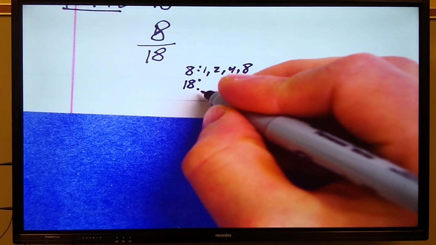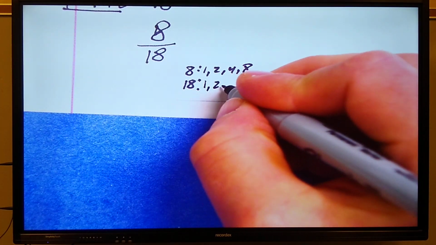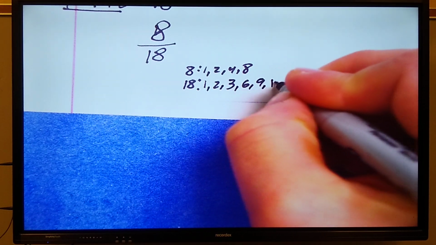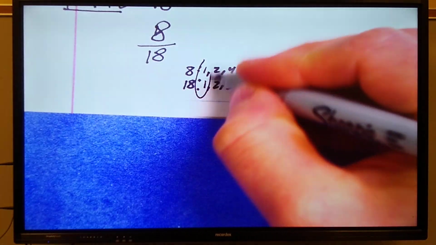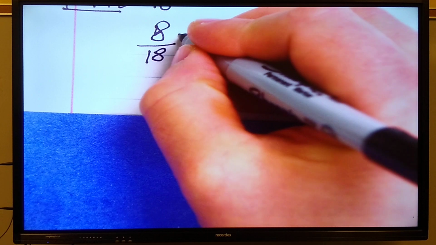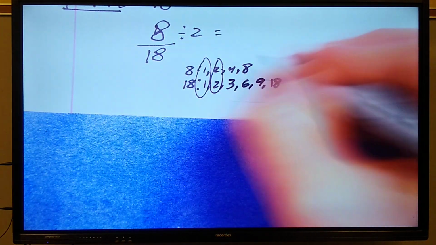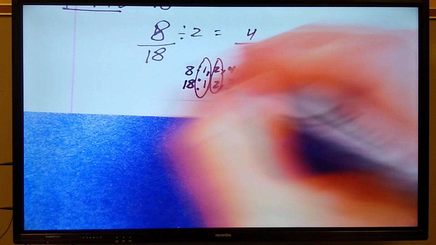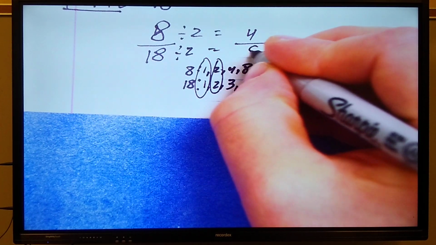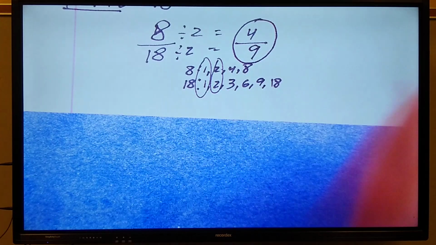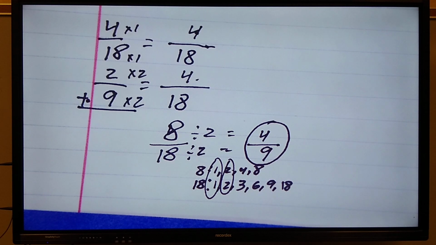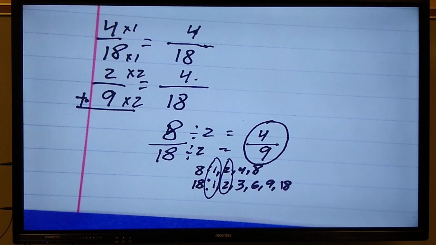And the factors of 18: 1, 2, 3, 6, 9, 18. The ones that are common are 1 and 2. 2 is the greatest common factor. So 8 divided by 2 equals 4. 18 divided by 2 equals 9. 4/9 is your answer. Remember, all your answers must be in simplest form.